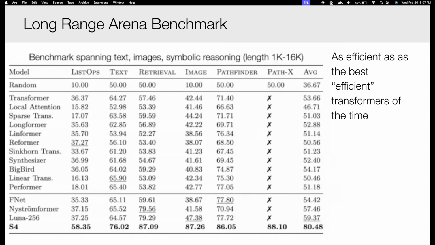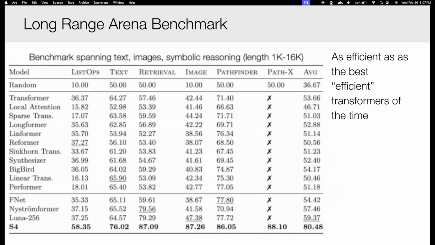And the biggest thing was the long range arena benchmark, which they frequently talked about. And they basically showed that it was as efficient as the best similar parameter size transformers of the time.